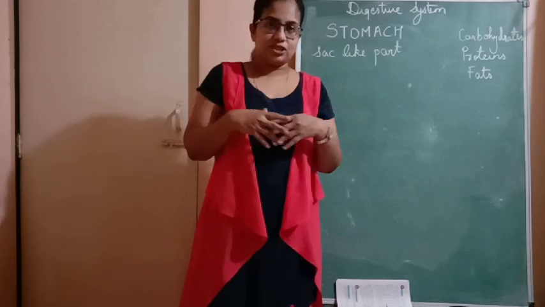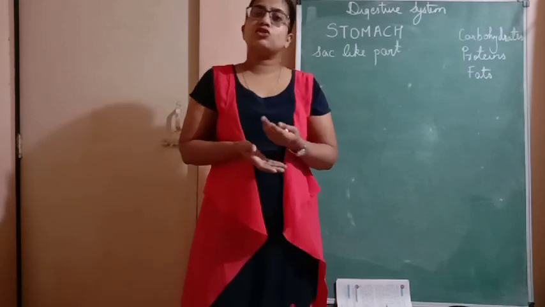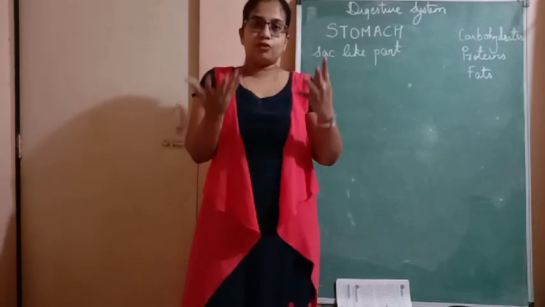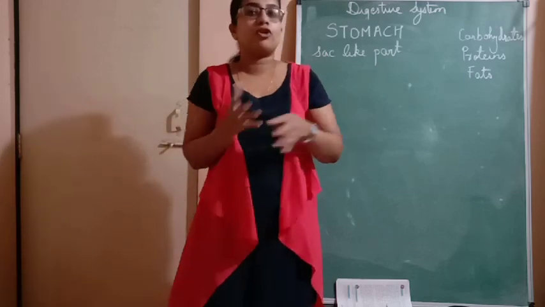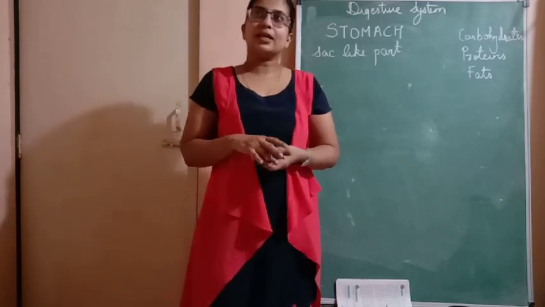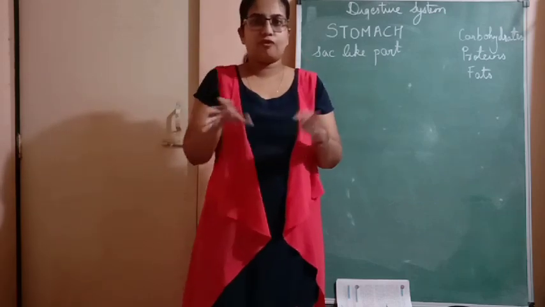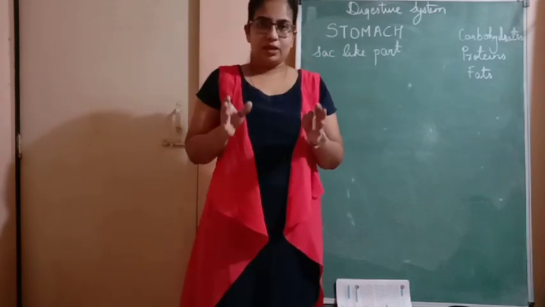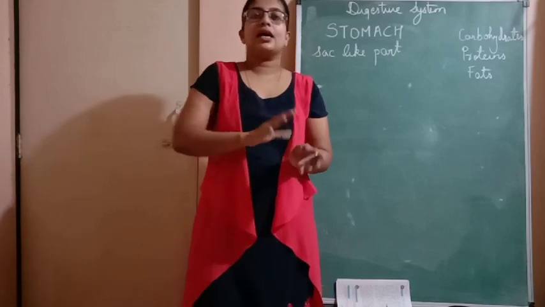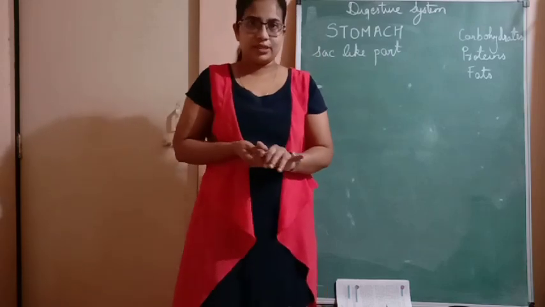It releases digestive juices that convert the food into a slurry. A slurry has a good amount of water in it, like a mixture of food and water. And this slurry then goes to the small intestine.